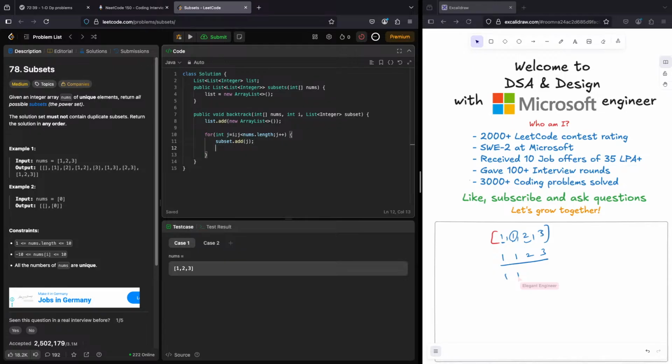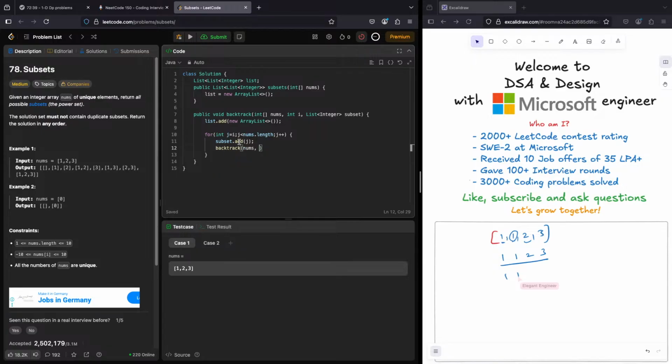This means that we have added one, and then we backtrack on nums. Now here is the thing: for this j, which would be your next element? Would it be i plus 1 or would it be j?